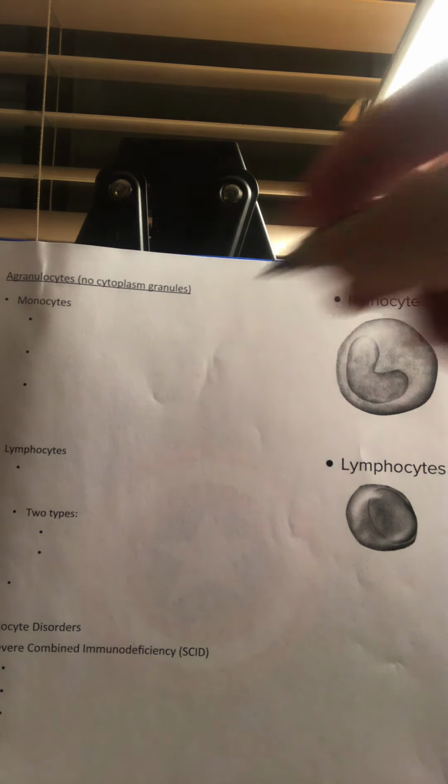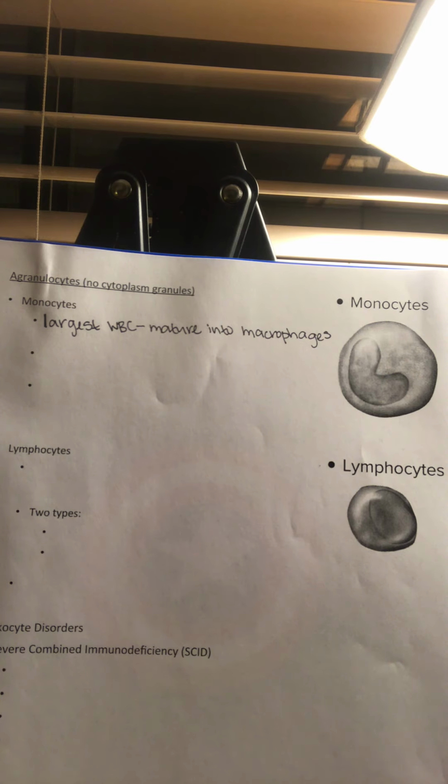I actually kind of wrote this backwards because it's the macrophages that are the largest white blood cells, and they come from monocytes. Okay, so the process of maturing for the macrophage actually doesn't complete until they leave the bone marrow and get into the tissues.